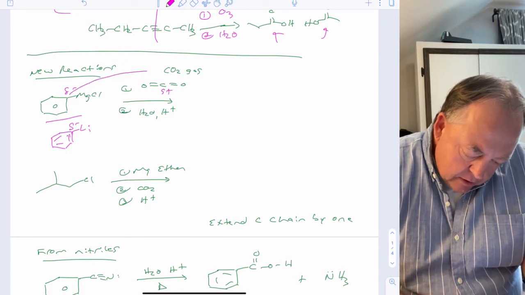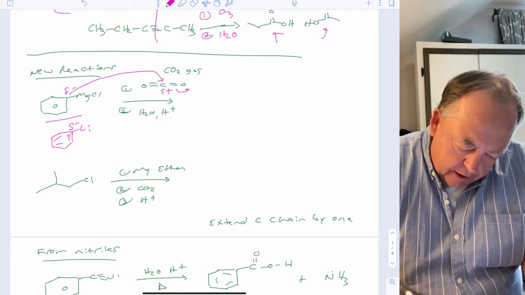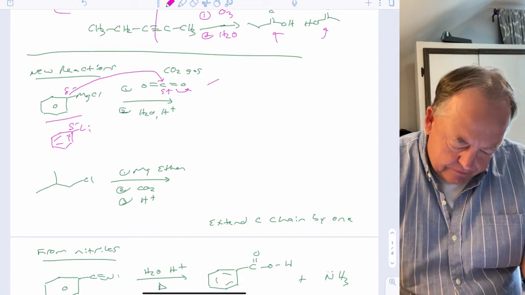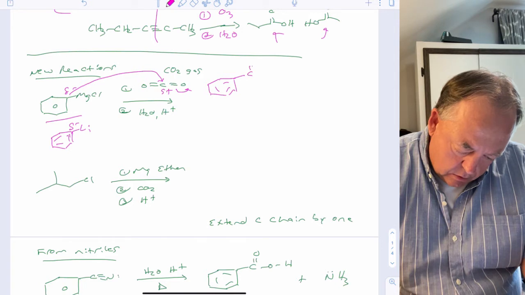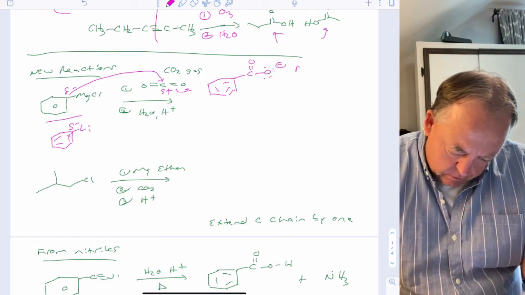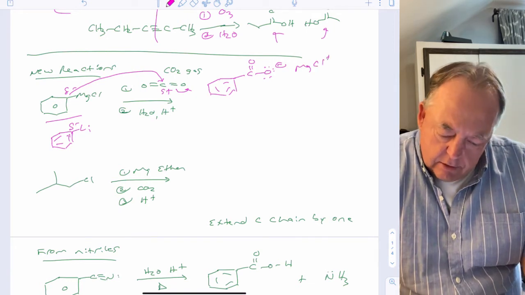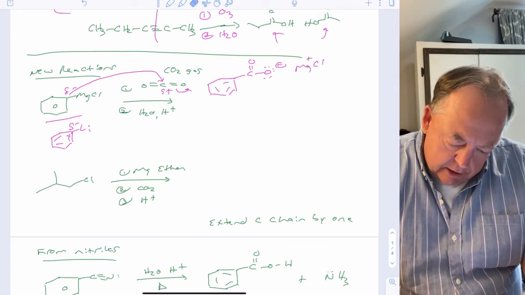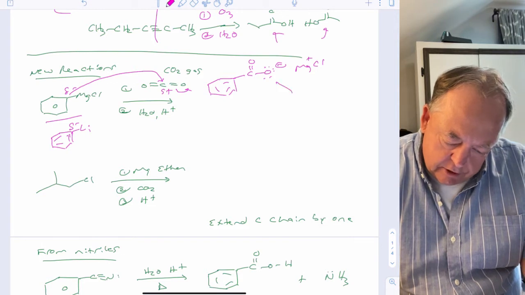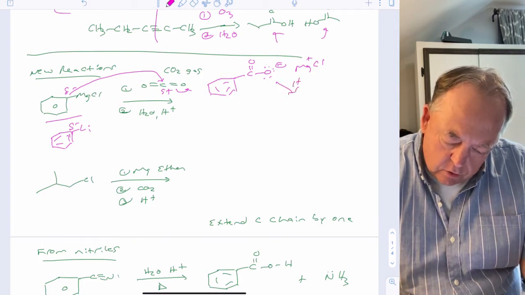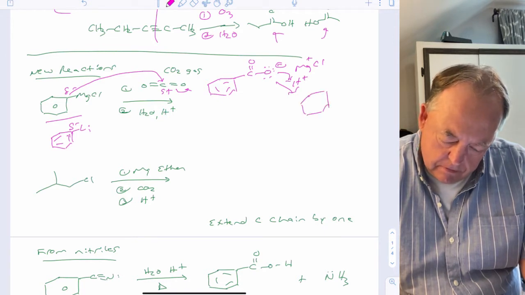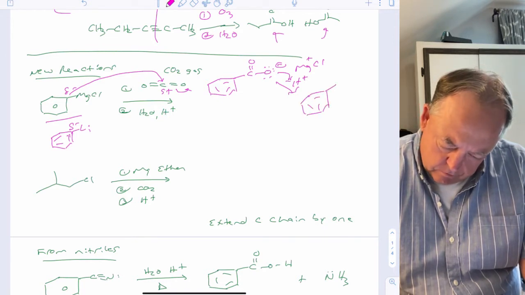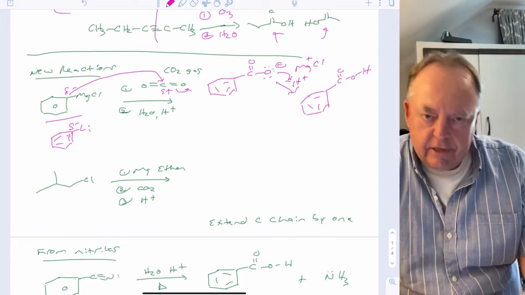So this carbon will react there and break one of the carbon-oxygen double bonds. And then in the next step, you do the acid workup. So H3O+ would just protonate the carboxylate. Now you have a carboxylic acid.